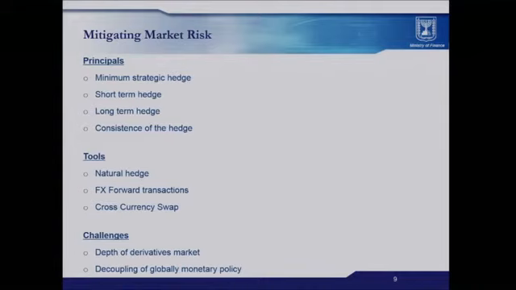Our hedge program is composed of two segments. First, short-term hedge using FX forward transactions, and second, long-term hedge using cross-currency swaps. And finally, we try to be as consistent as possible with our hedging program, although we may accelerate it if the market conditions are favorable.